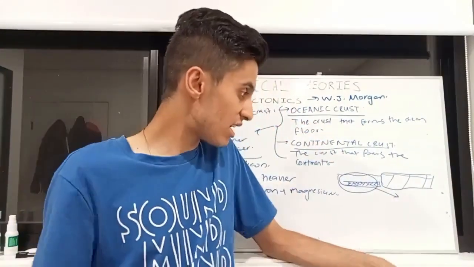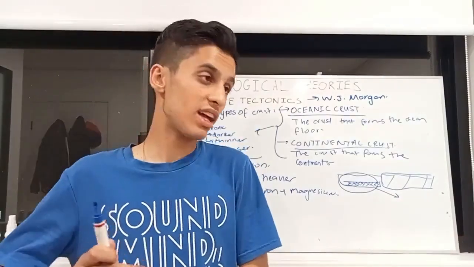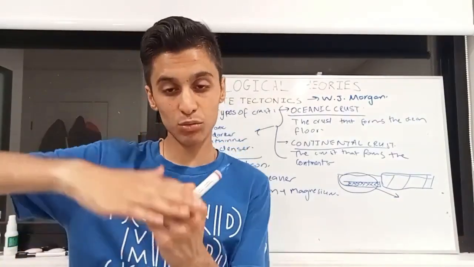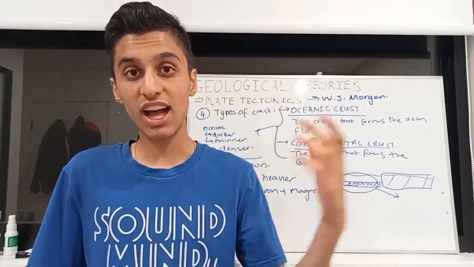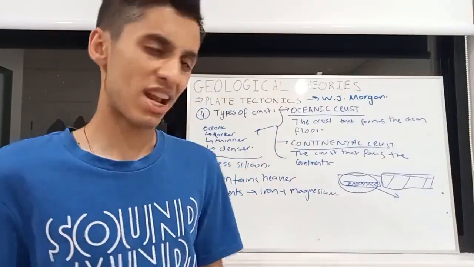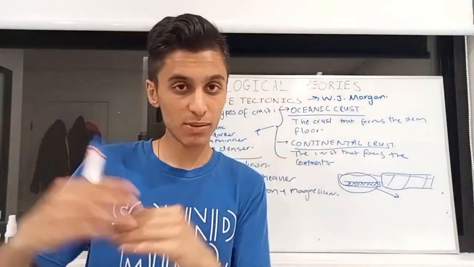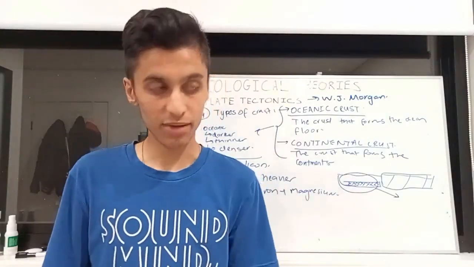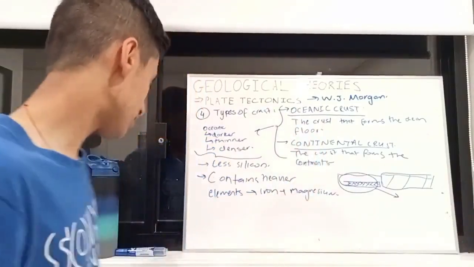Oceanic crusts are much denser and don't take up as much space, which causes water to go over them. So that's the difference between oceanic crusts and continental crusts.